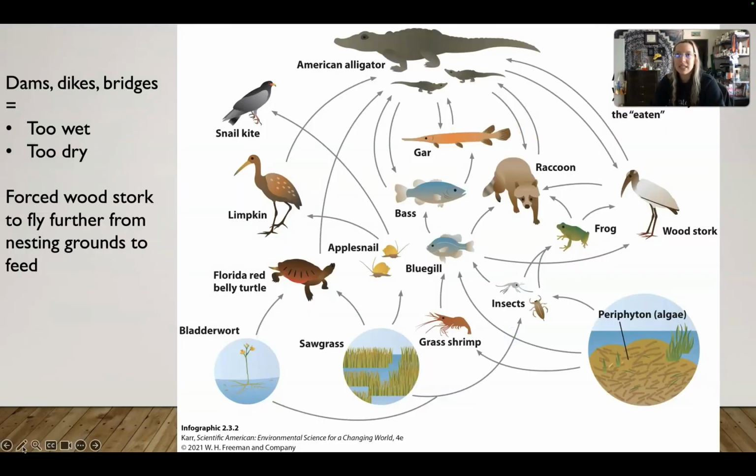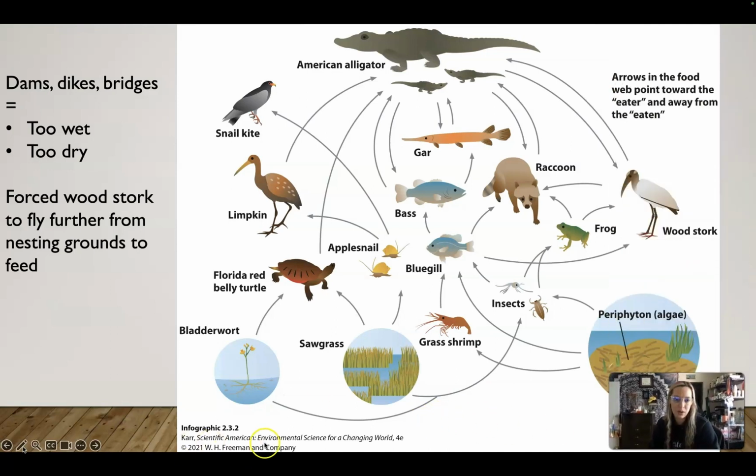Well, if we look at a food web here, this is infographic 2 from your book, we can see basically what happened. Because of dams, dikes, and bridges, ecosystems became either too wet or too dry. Again, going back to this idea where some species that have adapted to living in a very dry condition or a very wet condition saw the opposite, and they weren't able to adapt quickly enough.